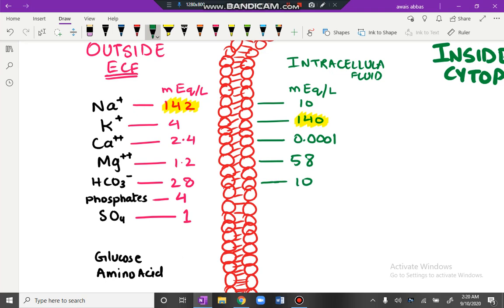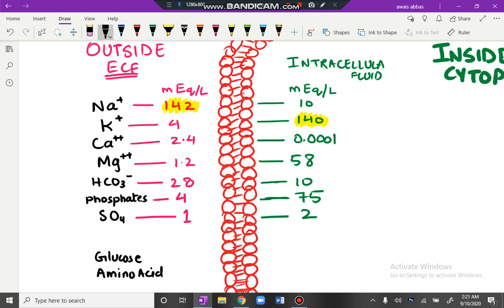I'm just realizing that I have missed the chloride ion over here. I'll mention it later on. Just don't worry about the chloride ion. And when you're talking about the phosphates, which were present at 4 milliequivalent per unit in ECF, they are very much elevated over here, as they are 75 milliequivalent per unit inside. And when you're talking about the sulfate, it is 2 milliequivalent, not very much elevated, but it is 2 milliequivalent inside the cell.